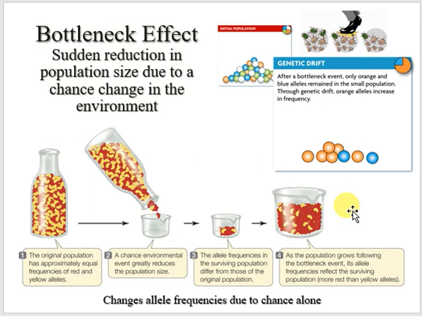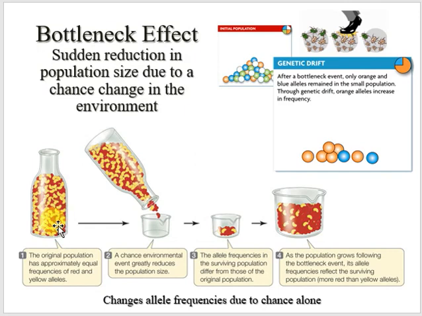And the allelic frequencies present after that crash are likely going to be significantly different from those before the crash, right? So it's a change in allele frequency in a population due to chance following a sharp reduction in population size. So looking at the bottles here, right?